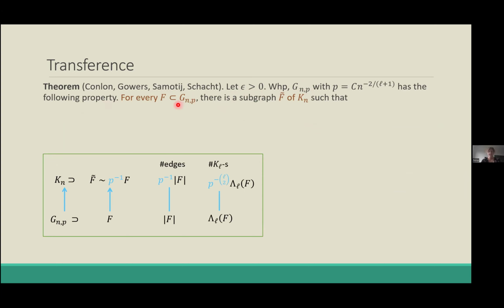For every subgraph F of G(n,p), you can find this dense model so that the proportion of K_L copies is roughly the same, and the number of edges in the two graphs is roughly the same.